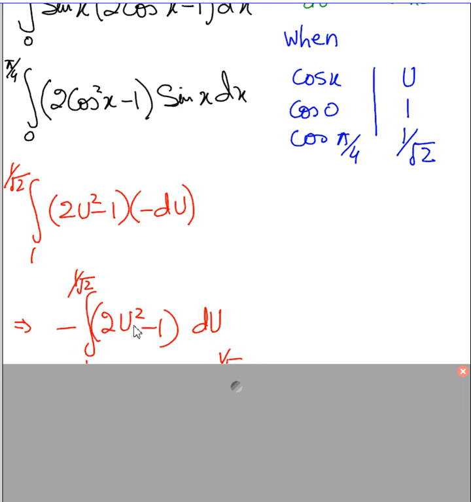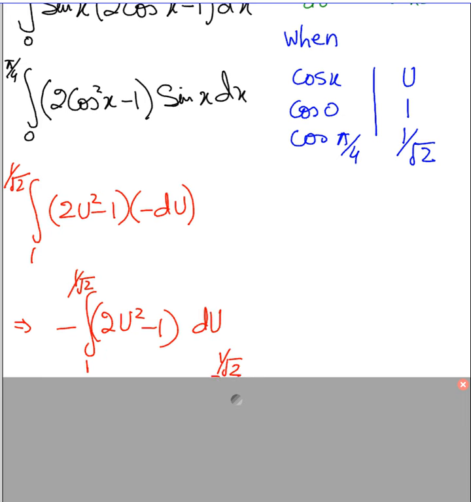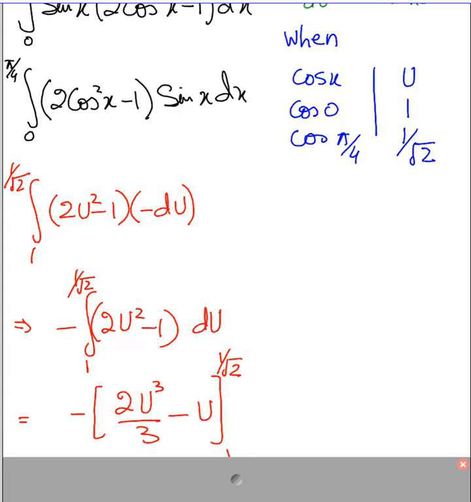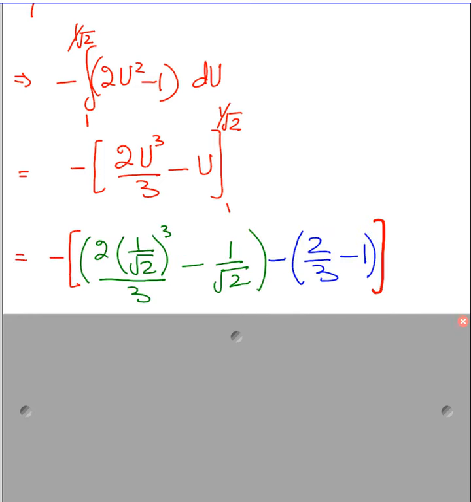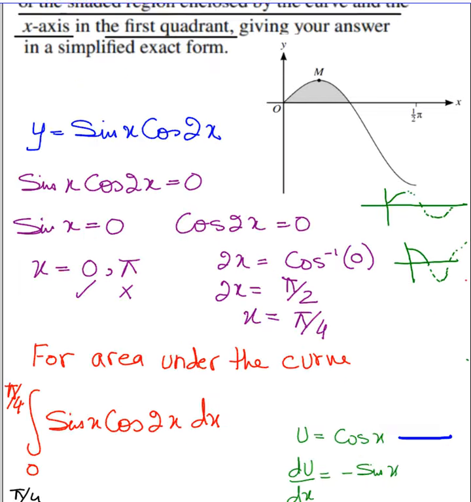Minus is going outside. Now it is a simple integration, right? So 2u square will become 2u cube over 3 minus u, because it is with respect to variable u, and I will apply the limits in it. You see, we have to give the exact answer. Was the question saying give the answer in exact form? Let me see.